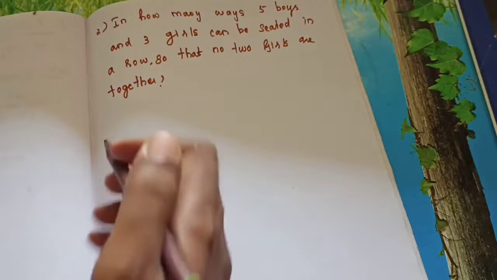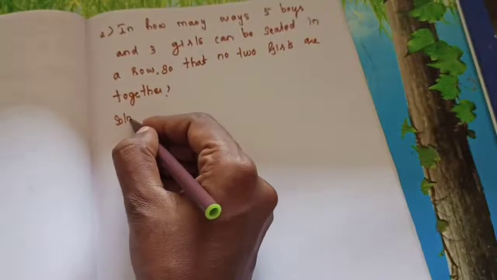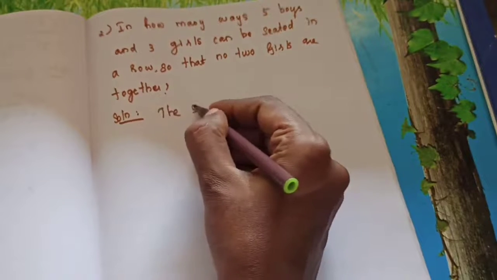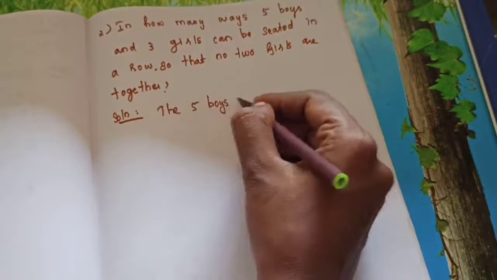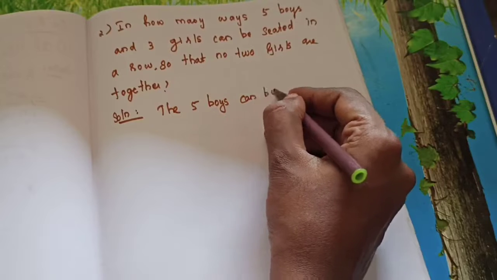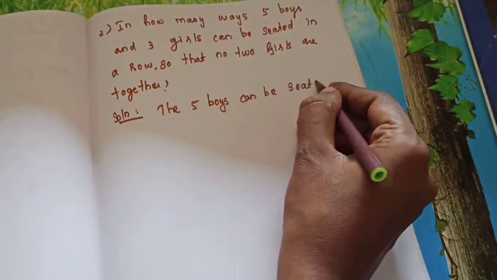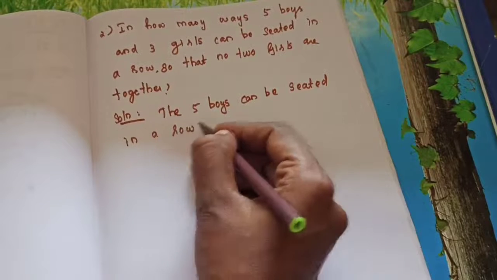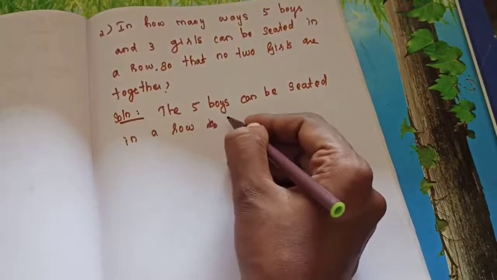In each arrangement 6 places are created. Yes or no? Yes. I will mark and show the solution. The 5 boys can be seated in a row in how many ways?